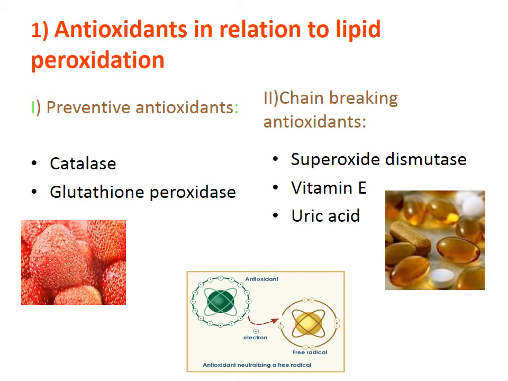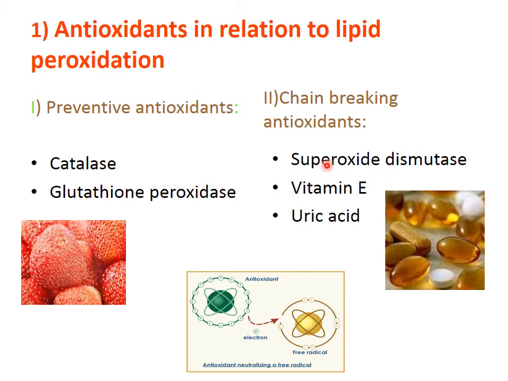Now we see the classification of antioxidants. According to lipid peroxidation, these antioxidants are classified into two types: preventive antioxidants and chain breaking antioxidants. Those antioxidants which break the chain of lipid peroxidation are known as chain breaking antioxidants.